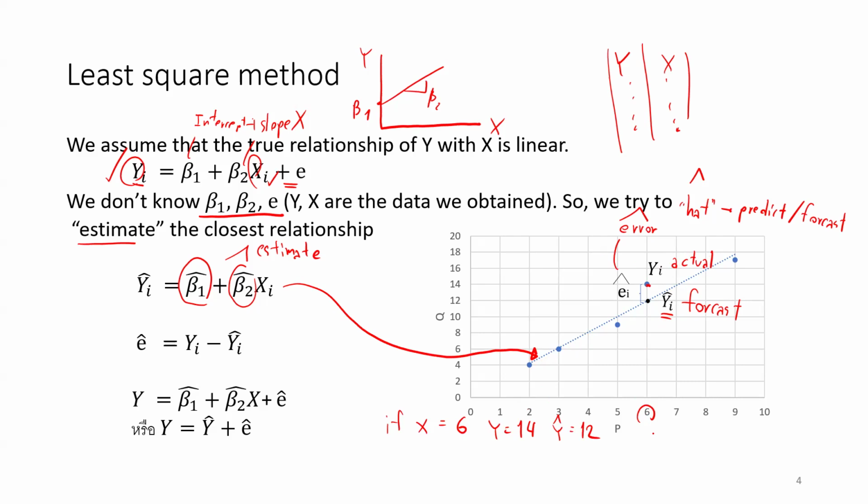So the estimate error, the predict error, the error hat equals the difference between actual data and forecast, which is 2. Okay, so this is the meaning.